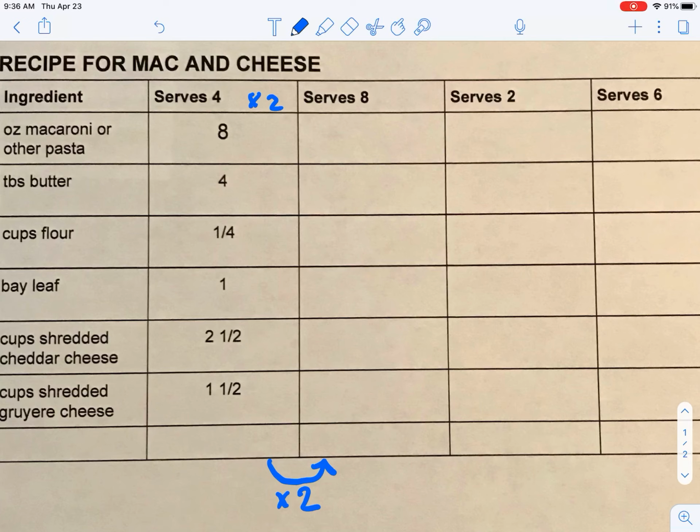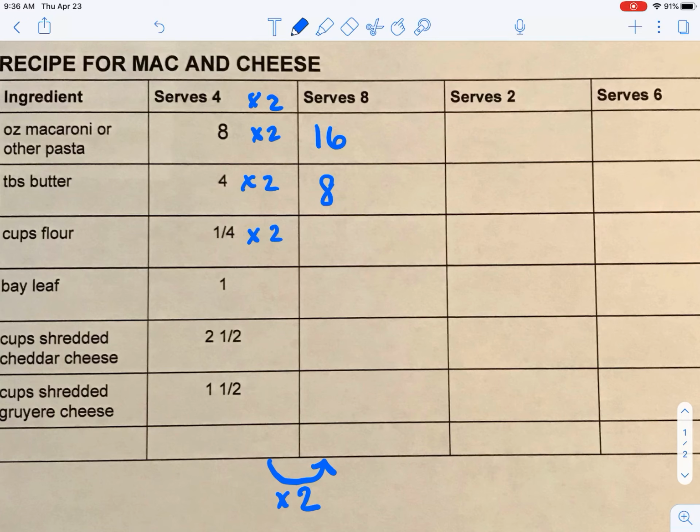Okay, so let's see what happens here. I would say, okay, 8 times 2, I would need 16 ounces of pasta. I would need 8 tablespoons of butter.